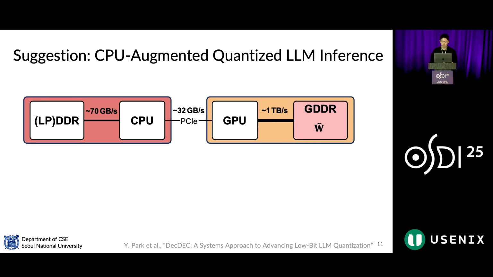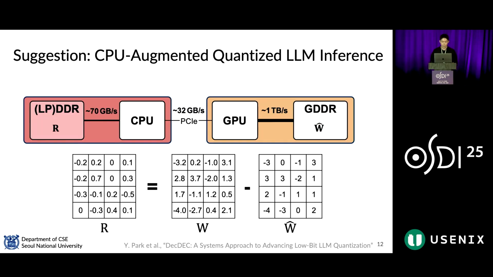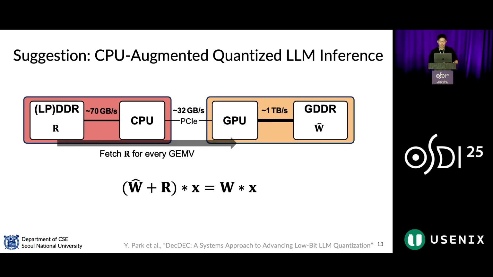And the baseline system looks like this. First, the quantized weights, which we denote as W hat, are stored in GPU memory. Meanwhile, the CPU stores the residual matrix. The residual matrix is the difference between the full precision weights and the quantized weights. In this setup, we bring the corresponding residual matrix from the CPU to the GPU for every GEMV operation.